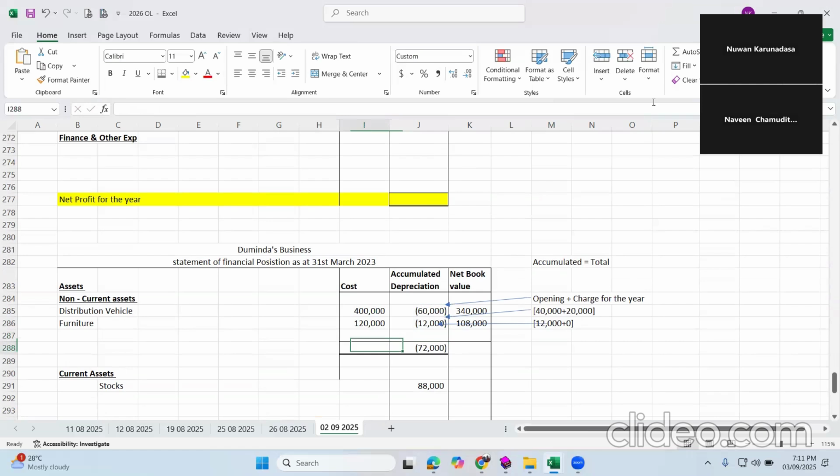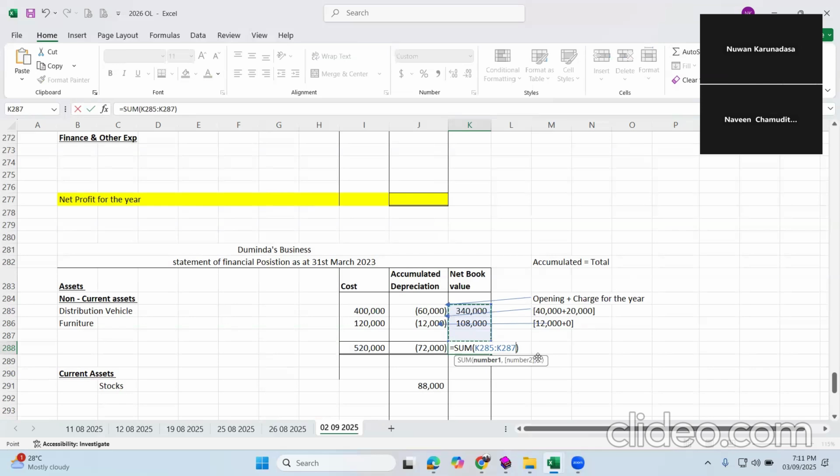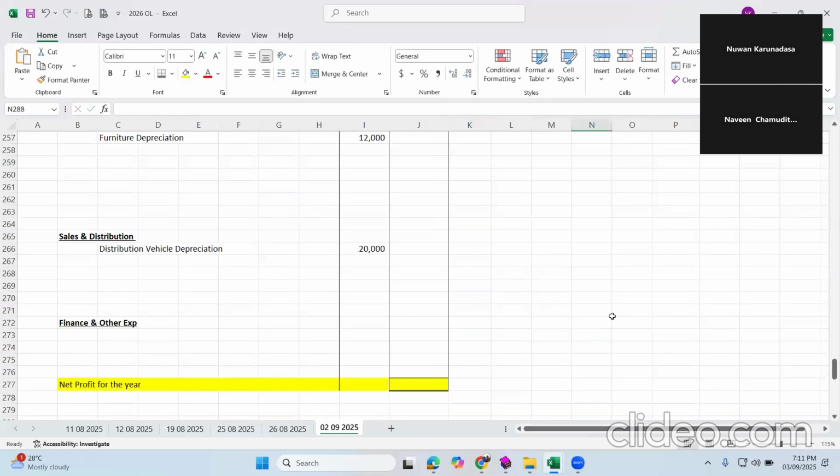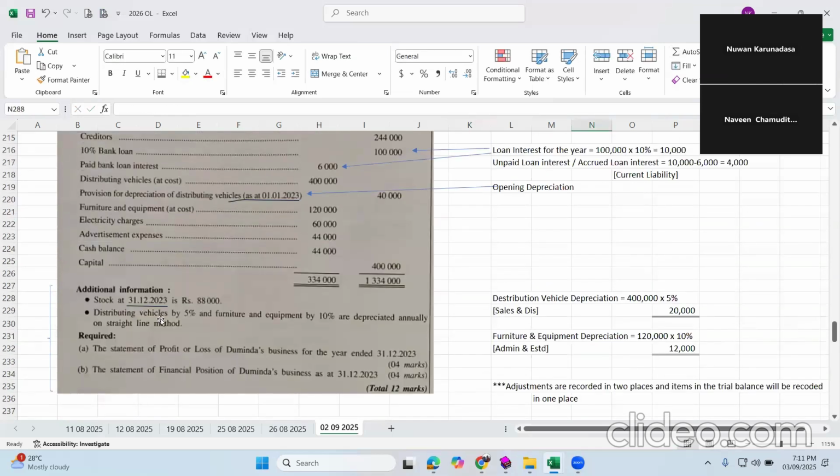Total here, that's 448,000. We have done the adjustment number 2 and we have done the adjustment number 1 as well. So how much is the opening stock, closing stock, right?